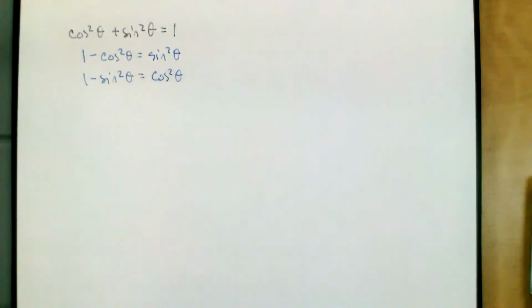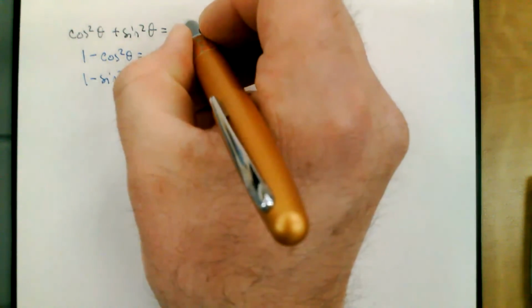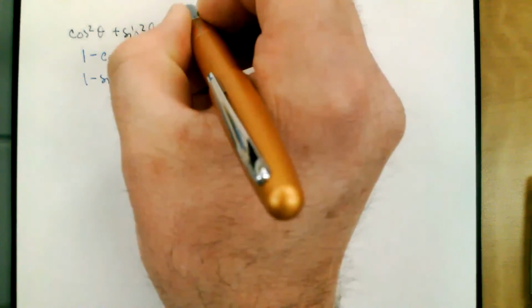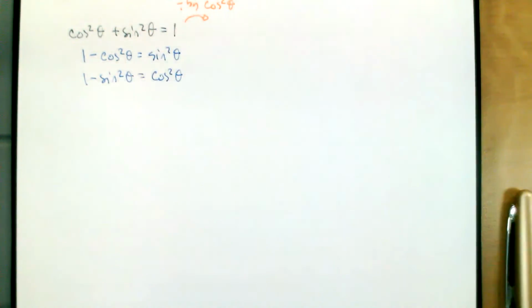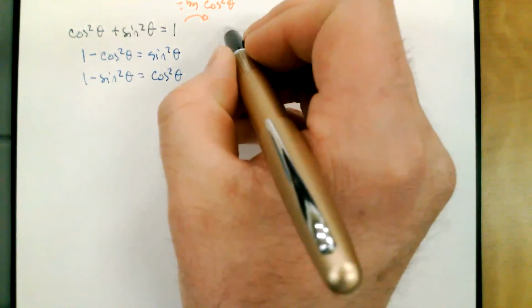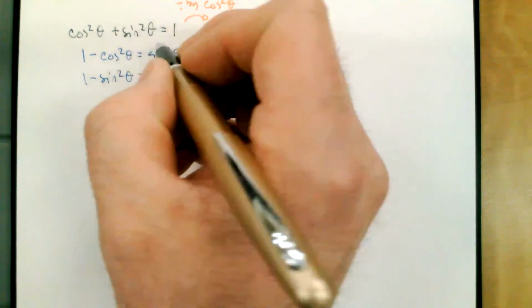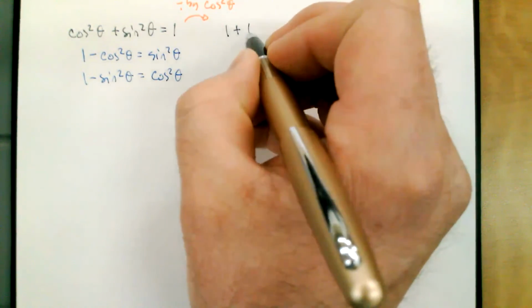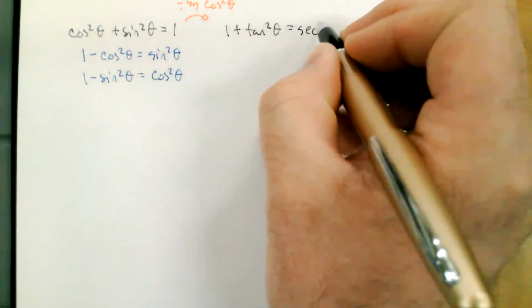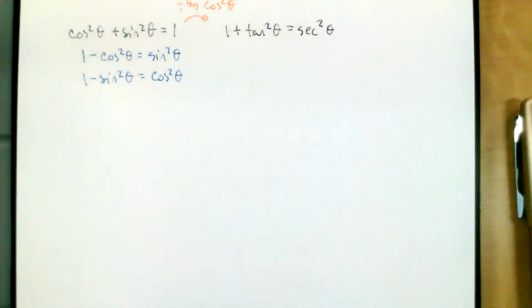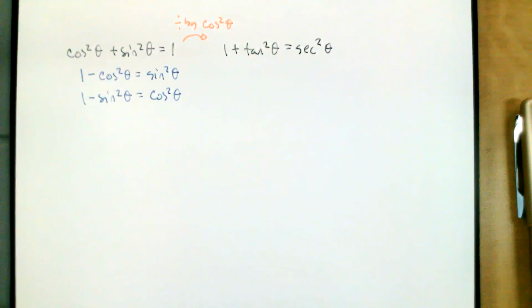If we take this identity and we just divide everything by cosine squared, we get cosine squared divided by cosine squared is 1, sine squared divided by cosine squared is tangent squared, and 1 divided by cosine squared is secant squared. So there's another Pythagorean identity. You want to recognize that secant and tangent are related in a Pythagorean identity.